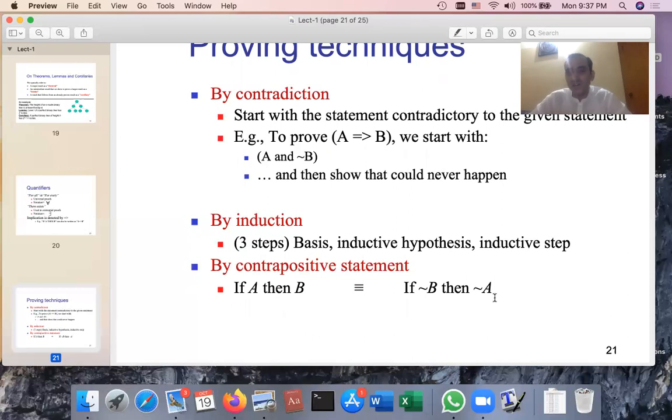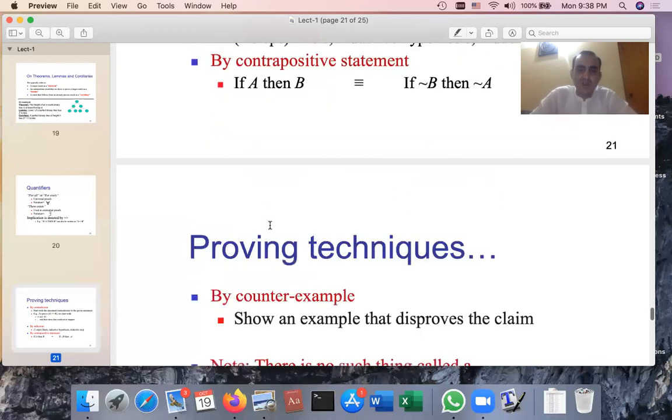You start with negation B, and then you have to reach negation A. This is an example of a contrapositive statement. I can go into detail, but this is not exactly part of this theory of automata, so I am leaving these things for you, because you already have done them in your course of discrete structures.